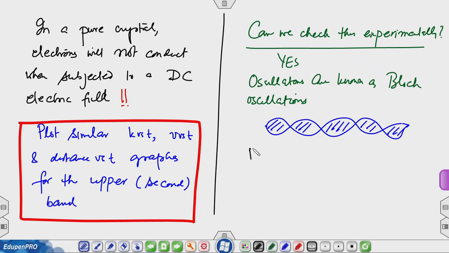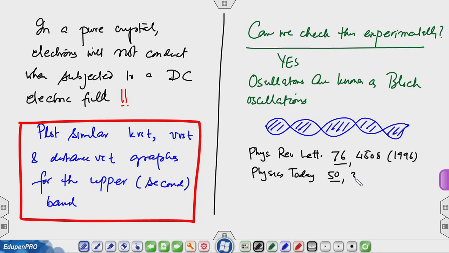The references I am giving you are Phys. Rev. Lett. volume 76, 4508, 1996; Physics Today, volume 50, page 30, 1997; then Physics Today, volume 57, page 25, 2004, and these are put in resources also.